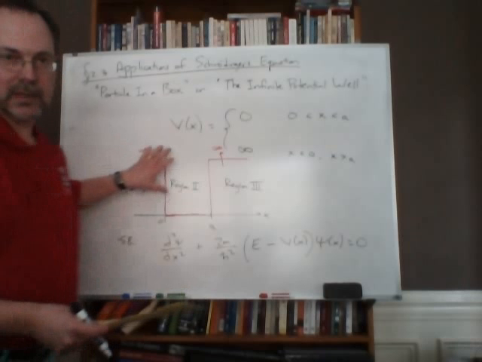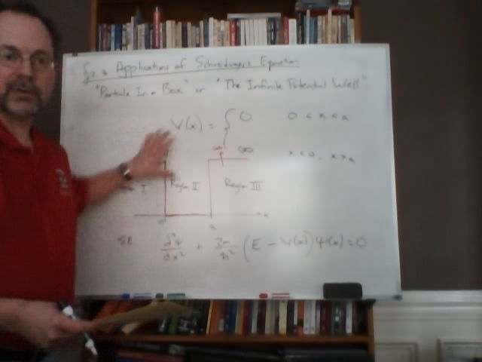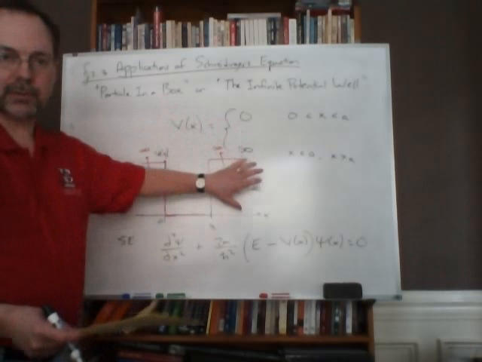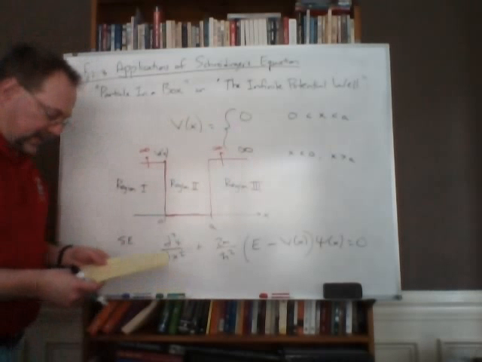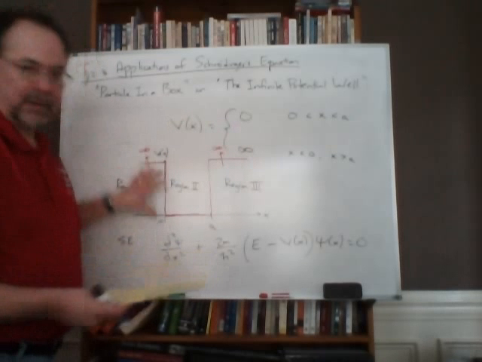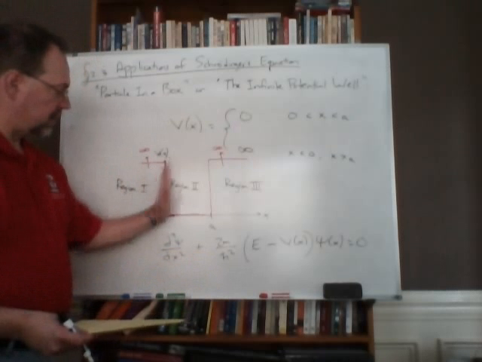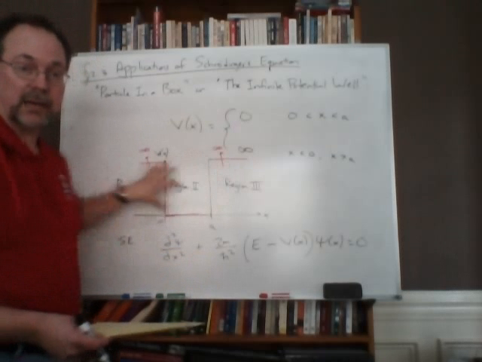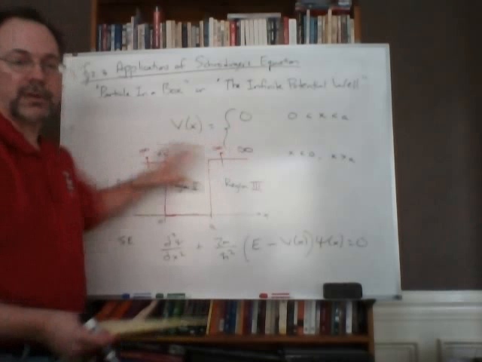In general, we could solve Schrodinger's equation in the three regions, come up with a psi for each of the three regions, and then apply the boundary conditions at the boundaries to tie the solutions for each region together.